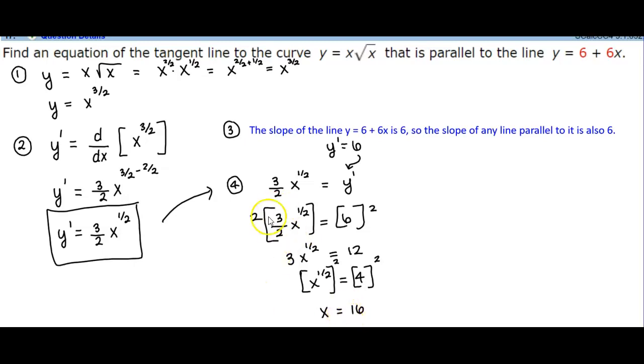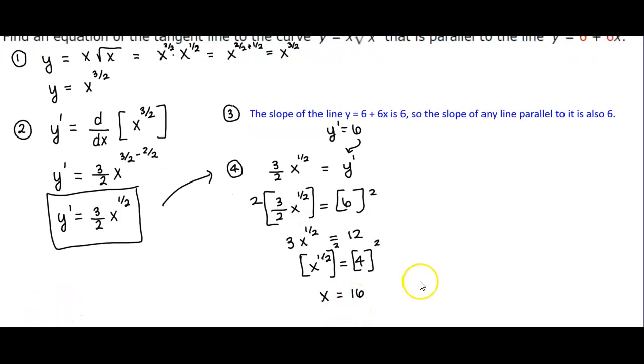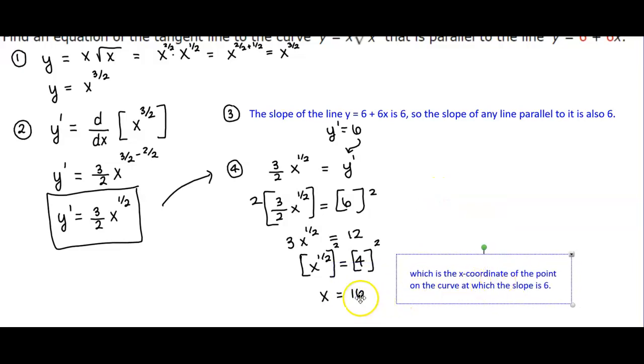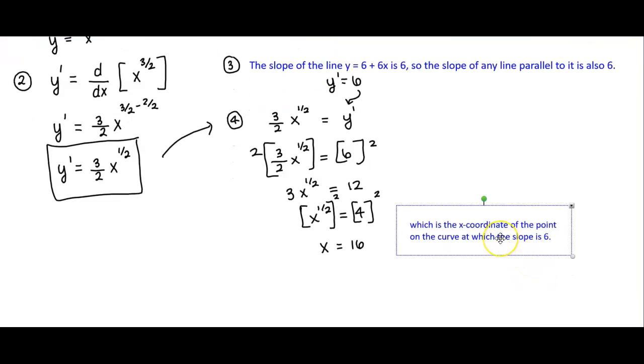So now we determined that the value of x is going to equal 16. We can say that this value of x is the x-coordinate of the point on the curve at which the slope is 6. So we can now determine the value of y by plugging it into the original function.